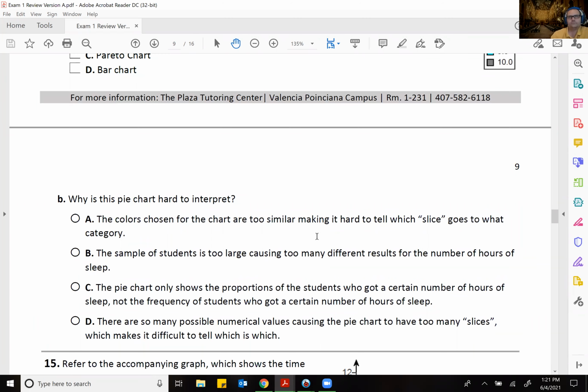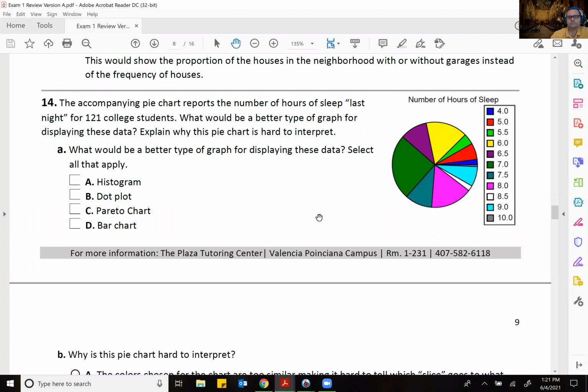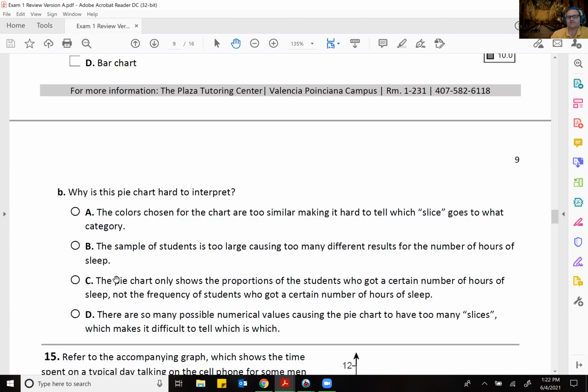No, that's not a problem, because I can have a large sample and have few data entries or possible answers. Does that make sense? I could do this large sample and put it into categories too. I could have a range of values and that would clean up my pie chart, and I could still have a large sample. So it's not the sample size that's a problem.